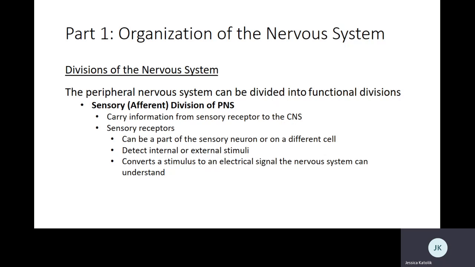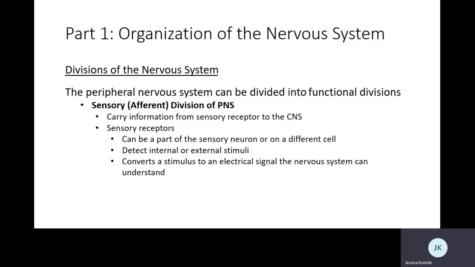These sensory receptors are going to be both internal and external. It'll help us understand our internal environment and also help us understand our external environment. And the major role of sensory receptors is to convert the signal or stimulus that we're getting from these environments into electrical signals, a type of signal that the nervous system can understand.